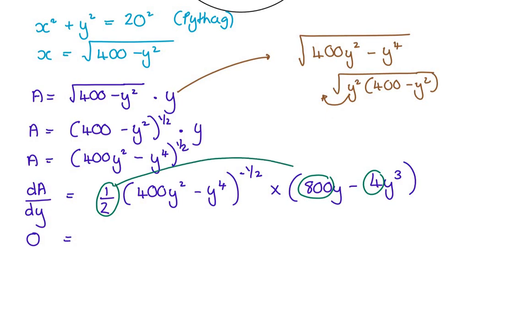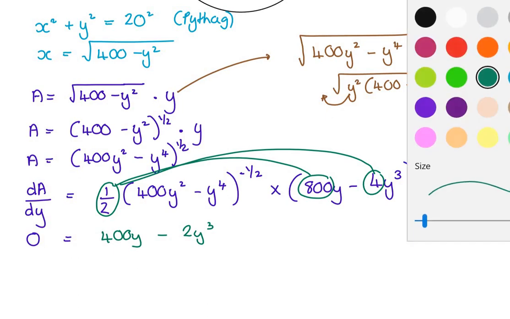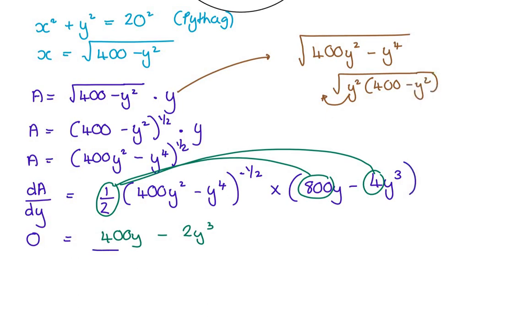If I do distribution, a half of 800 is 400y, and a half of 4 would be minus 2y cubed. Now, don't forget that you're going to take this to the bottom, so this becomes divided by the root, I'm not too sure why I'm making this a root, but anyway.